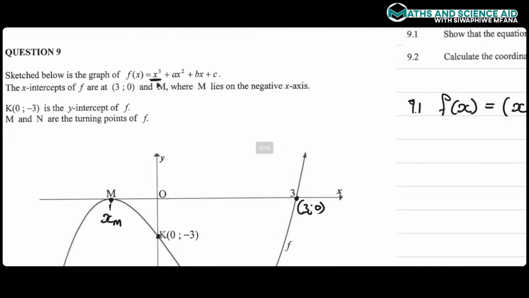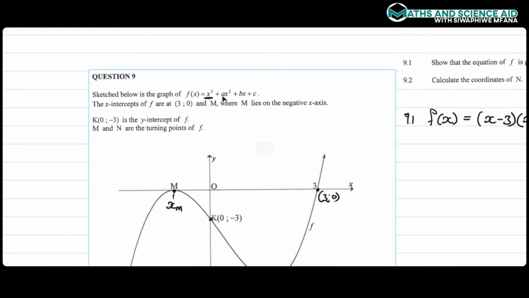The a given as an unknown here is causing a bit of confusion, because normally we write the general equation as ax cubed plus bx squared plus cx plus d.